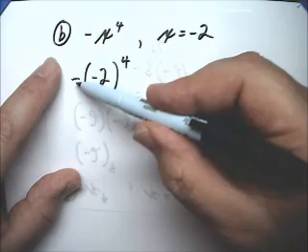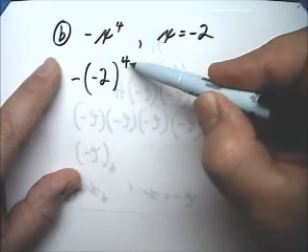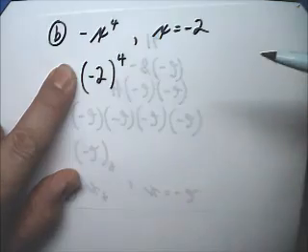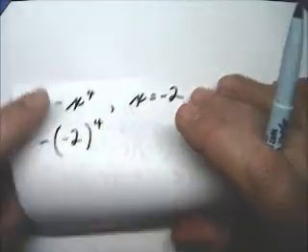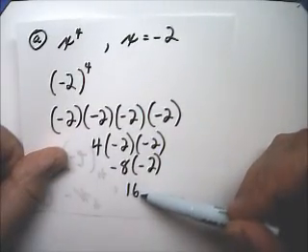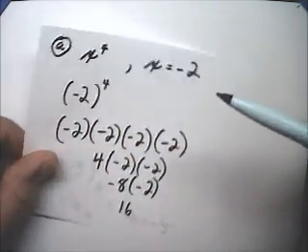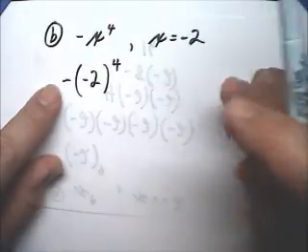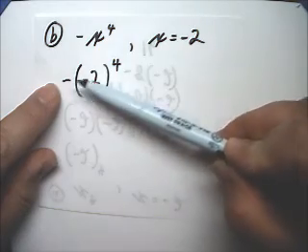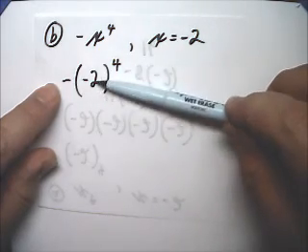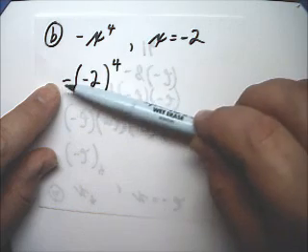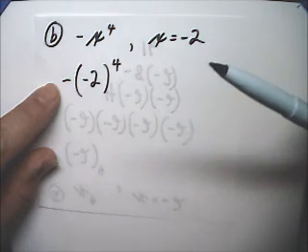So I have minus a -2 to the 4th power. Well, I just figured out that -2 to the 4th power is 16. See, -2 to the 4th power, we figured it out, is positive 16. So this minus, if this is positive 16, then minus this is -16.